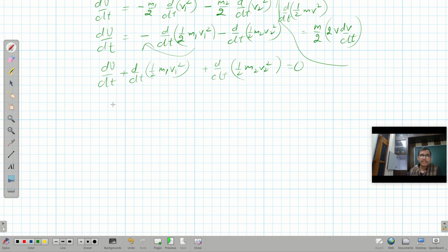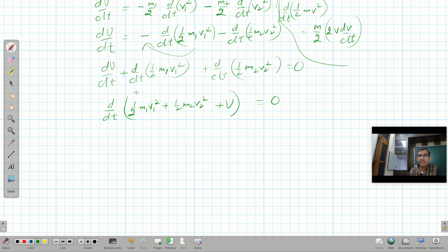So this is how it can be written: d upon dt of half m1 v1 square plus half m2 v2 square plus u, and it is equal to 0.